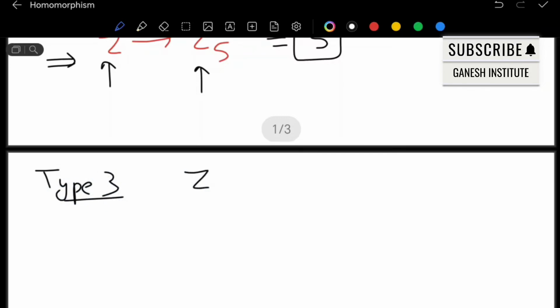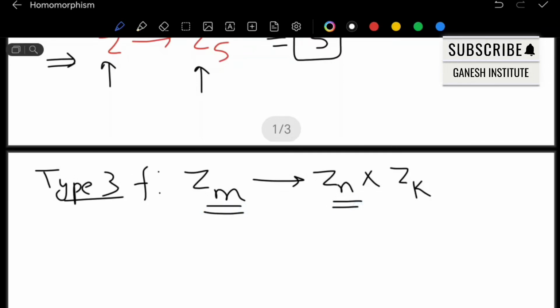Then we have another sort of mapping, when the mapping is from a finite group to the Cartesian product of two finite groups. Then in that case, what do you have to do? Here also finite, here also finite. We will apply the formula for GCD. But how will we do it?